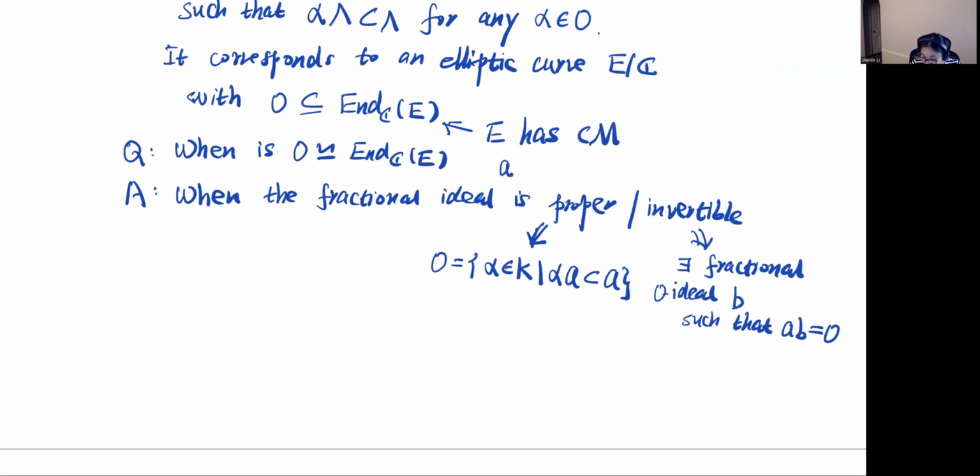And then it turns out that proper if and only if invertible.